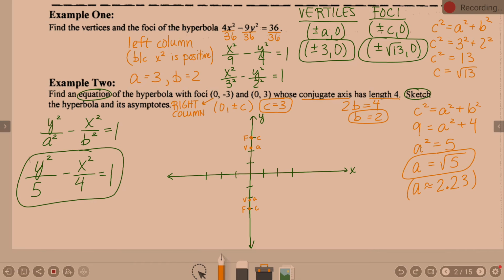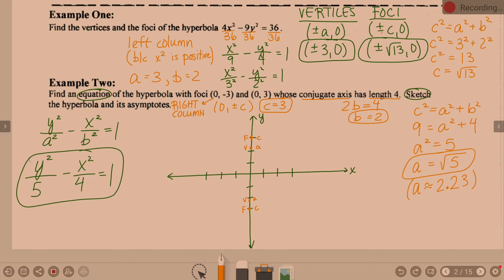Now, what do you think your B value tells you? What did my B value tell me on ellipse? If you go back to ellipse, A values told us how far to go out on the major axis. Also gave me my vertices. B values tell me how far to go out on my minor axis. So in this case, the x-axis, the conjugate axis.